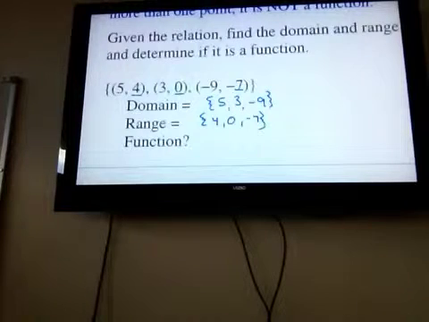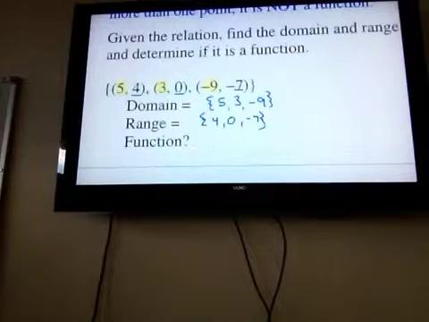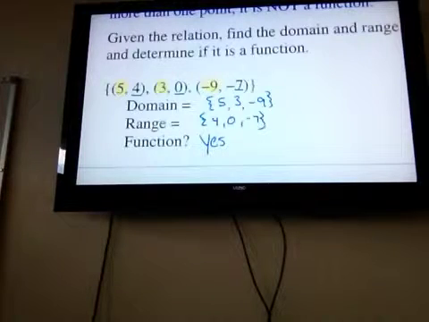So we look at the x's to determine that. Are all the x's different? Yes. Then yes, it's a function. So that is the question to ask yourself. If the answer to the question is yes, the answer to is it a function is yes.